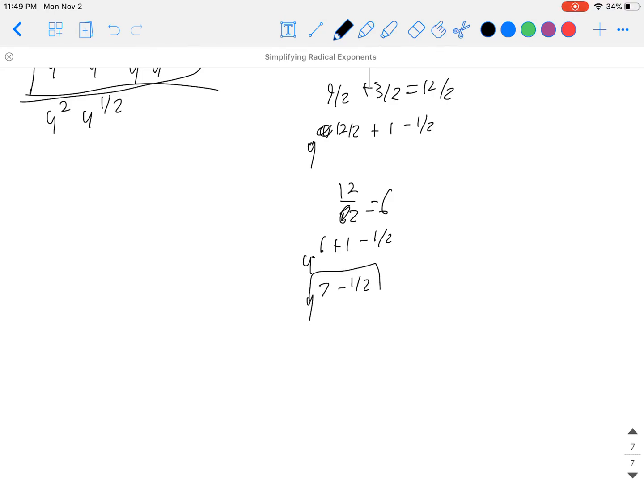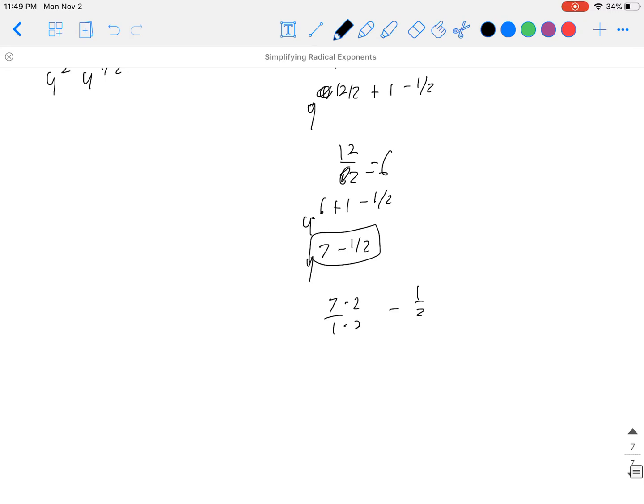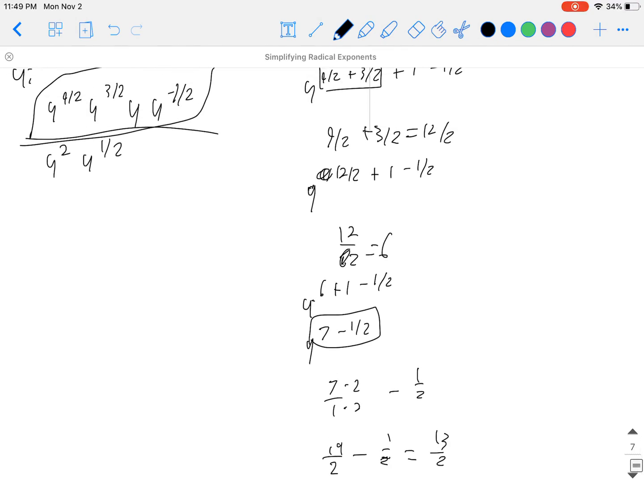We must now find common denominators again. So we have 7 over 1, negative 1/2, multiply 2 to the top and bottom to give us 14 over 2 minus 1/2, or just simply 13 over 2. So this is the simplified numerator for the y variable. So we'll have y to the 13 over 2 in the numerator.